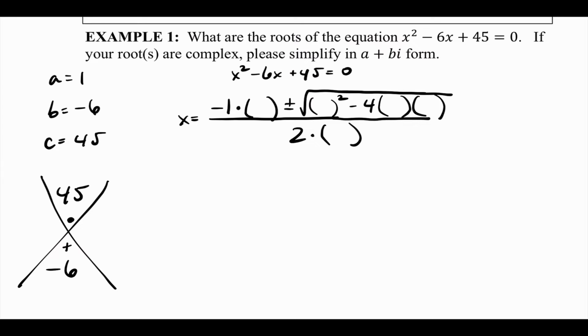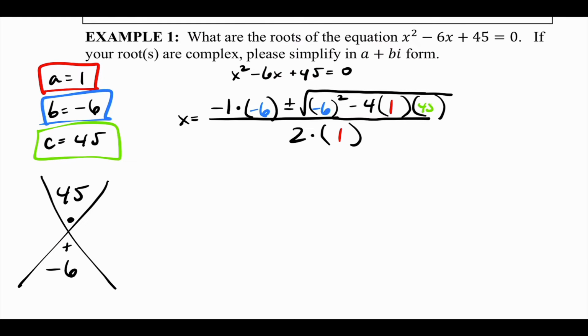Plug in a's for a's, b's for b's, c's for c's. So a goes here and here. B goes here and here. And then c only goes in one spot, there.